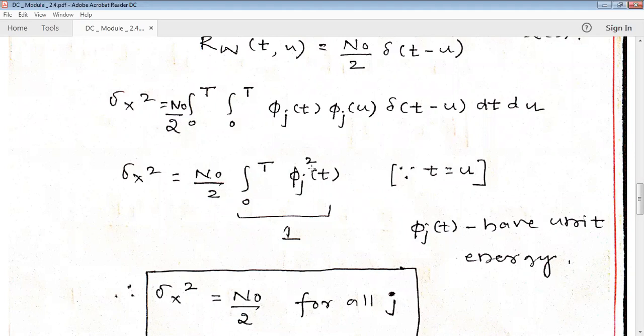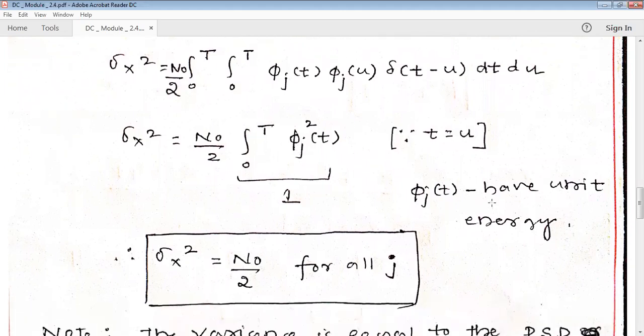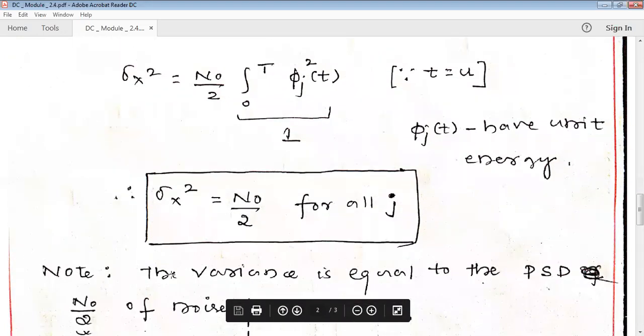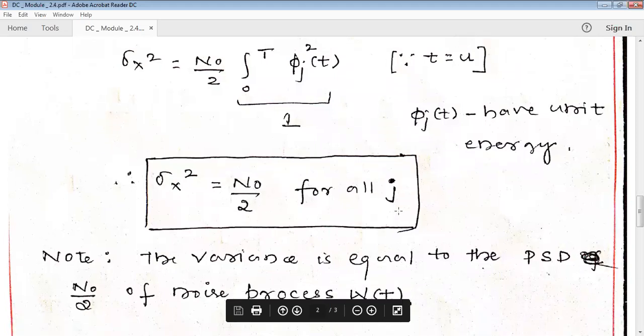So that is phi j of t square, and when you integrate this phi j of t square over the 0 to T interval, you will get 1, because according to the properties of the basis function, phi j of t has unit energy, and that energy is given by this equation, and this is equal to 1. Finally you will get sigma xj square, that is the variance of xj, is equal to N naught by 2 for all the values of j.